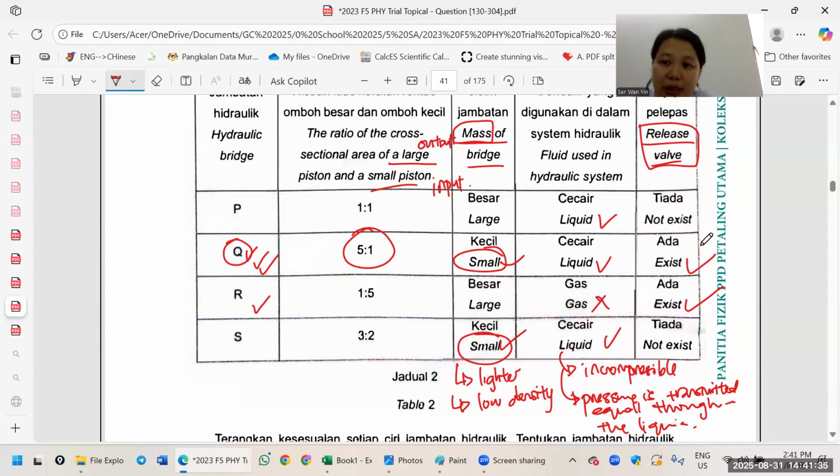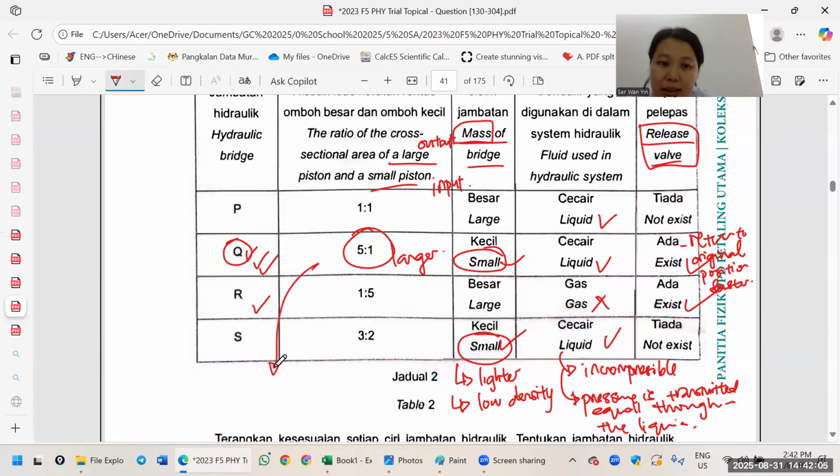So the release valve can return everything to the original position faster. When you press, all of the liquid goes back. The ratio is output to input, so larger. Why larger?